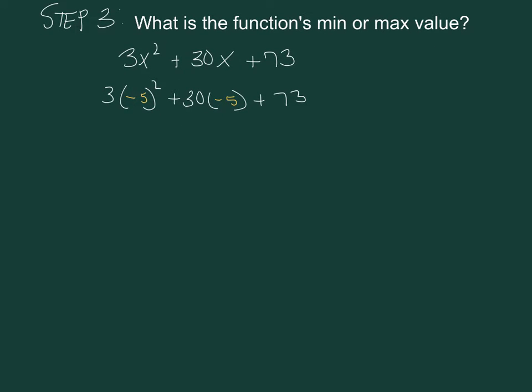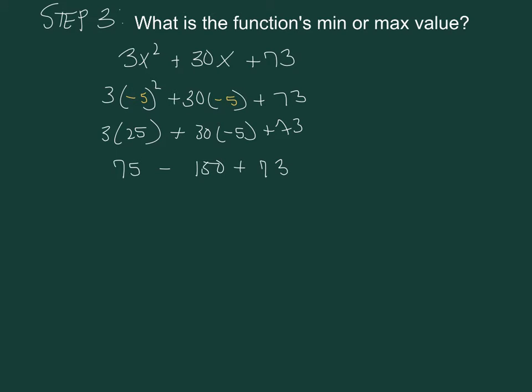So negative 5 times negative 5 is 25. And this is going to be 30 times negative 5 plus 73. 25 times 3 is 75. 5 times 30 is 150, but it's negative 150 because it's a negative 5, plus 73.